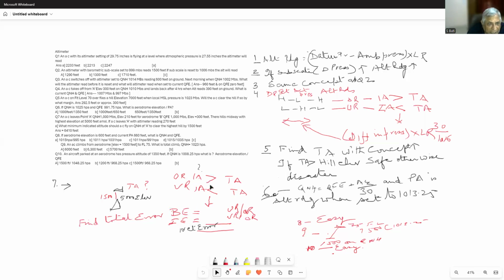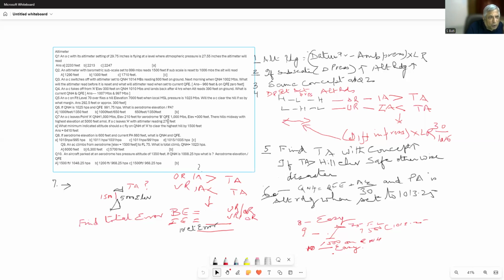But here, when I apply the error, I will apply the total error. There is a barometric error, yes, but this aircraft has also got an instrument error. What is the instrument error? At the time of takeoff on QNH, your altimeter should read aerodrome elevation. Elevation is 210, altimeter is reading 270 feet.